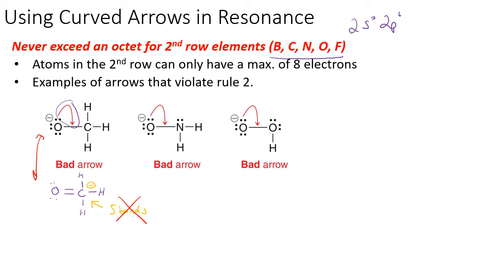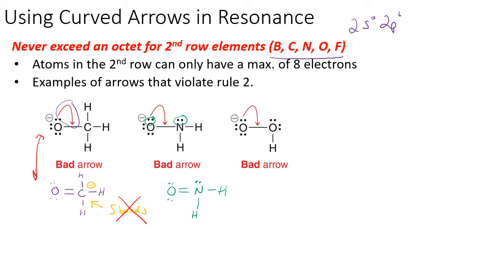The next two are also bad arrows. Nitrogen is in the same period as carbon, and so it also cannot exceed its octet. Nitrogen, even if you don't see them, remember has that lone pair of electrons on it when it has 0 formal charge, and it's trivalent, so it has 3 bonds. So it already has an octet of electrons around it. If you were to try to push one of these lone pairs over and draw this, now nitrogen has 4 bonds and a lone pair of electrons around it.